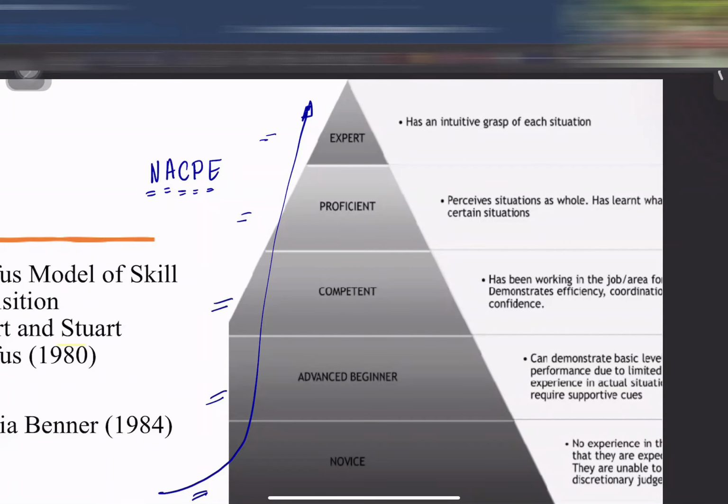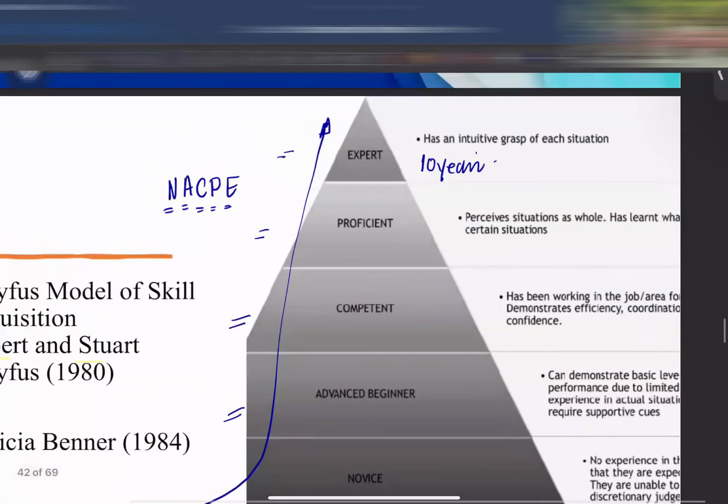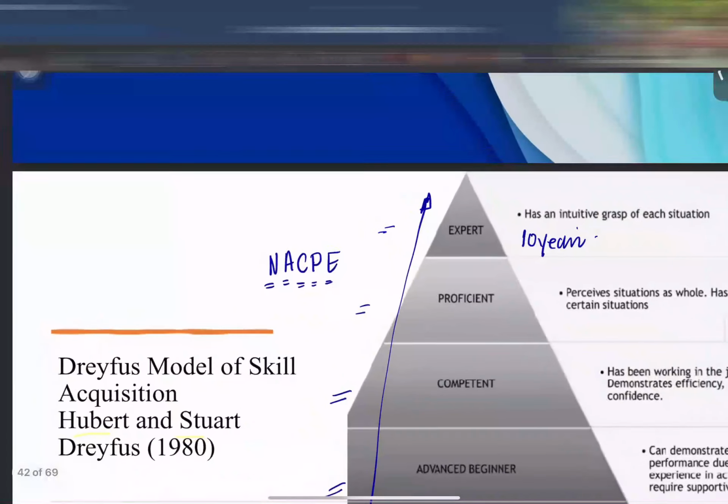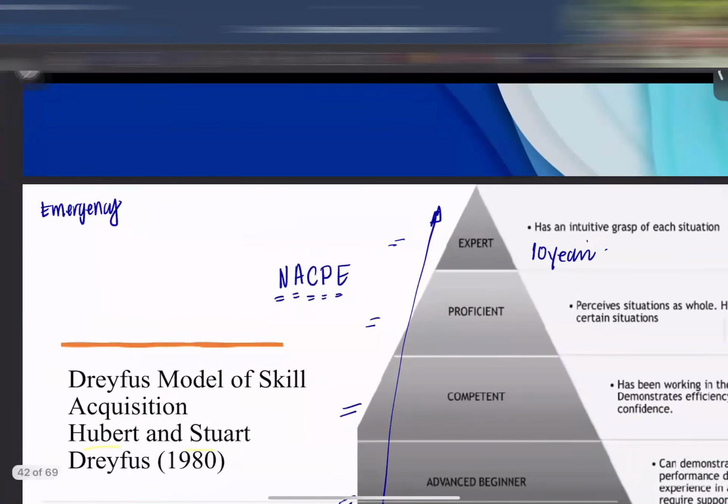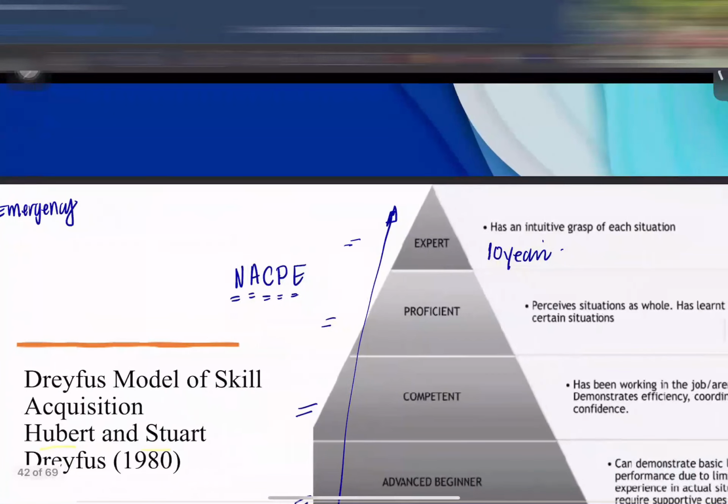Plus, usually when I say expert, in the model of Benner, we would usually equate it to about 10 years of experience. Now, let's picture this question. For example, class, if you are a nurse assigned in the emergency room for about 10 years, and then you already have the intuitive grasp, class, can you be considered an expert?